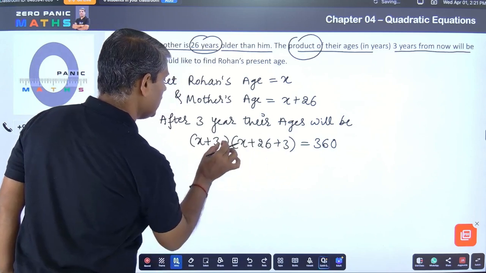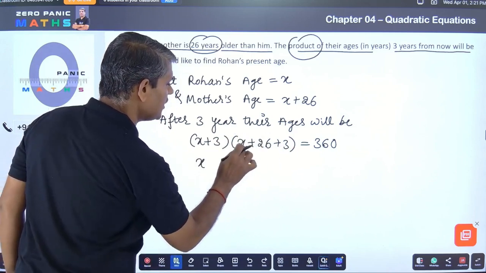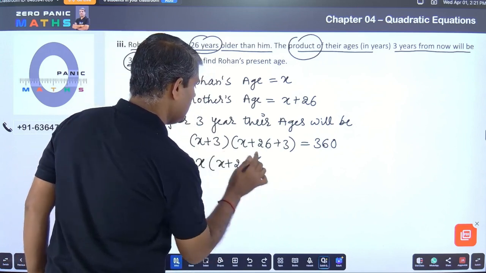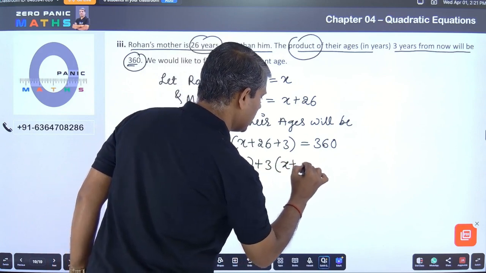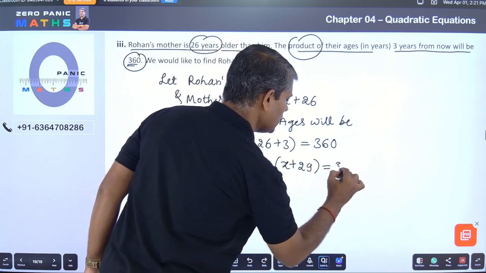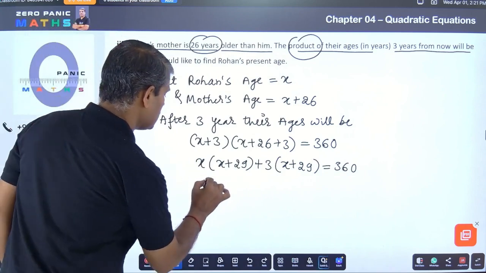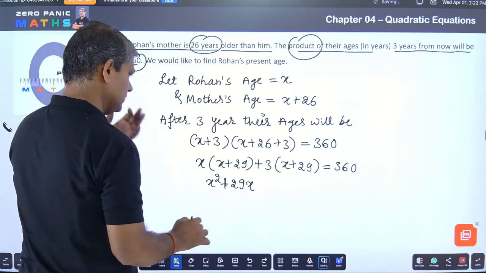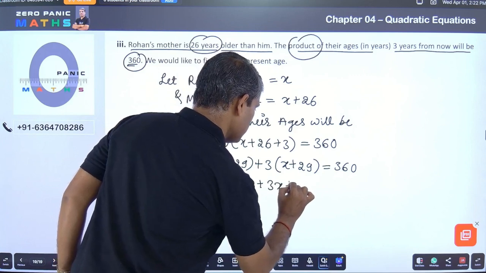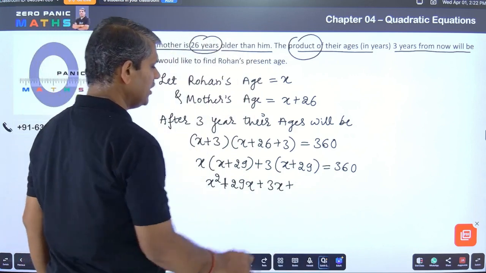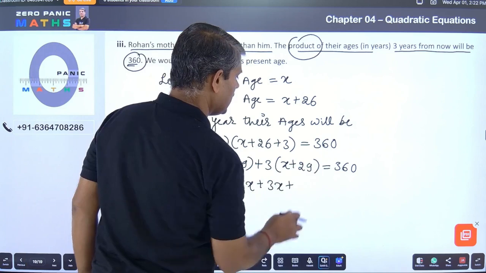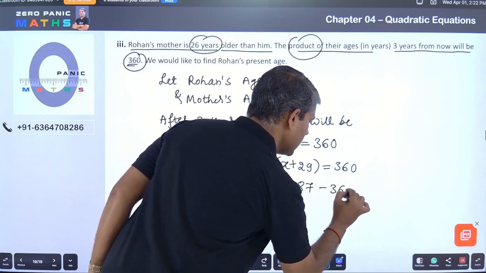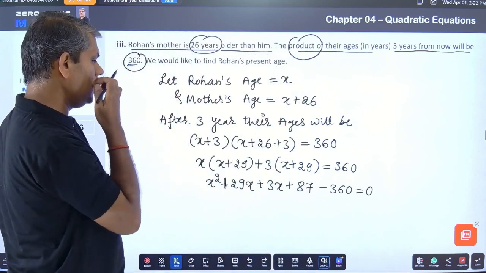Now, x into x plus 29, because 26 plus 3 is 29, and 3 into x plus 29 again, is equal to 360. x into x is x square, plus 29x, plus 3x plus 29 threes are 87, minus 360 equal to 0.